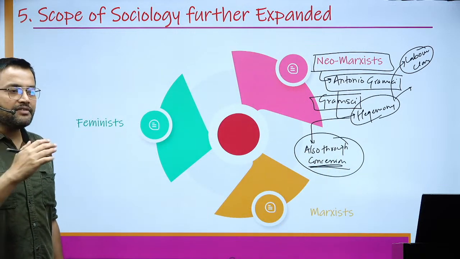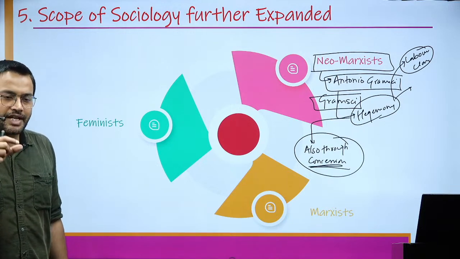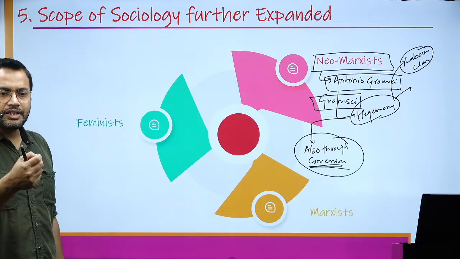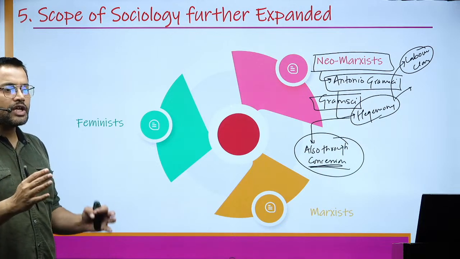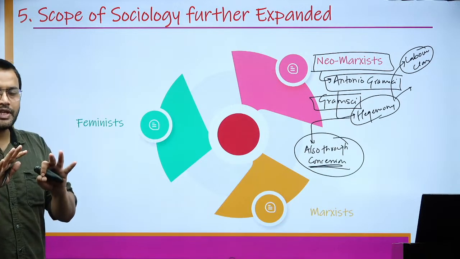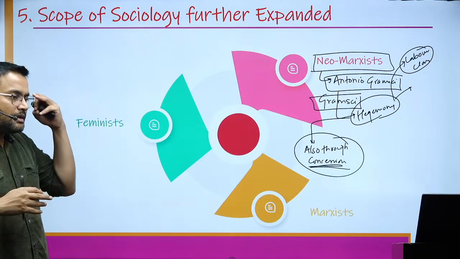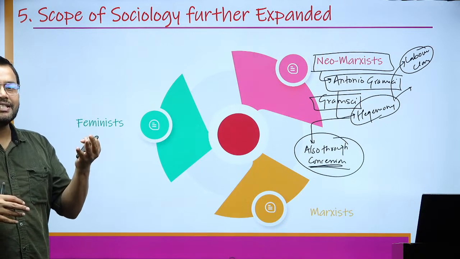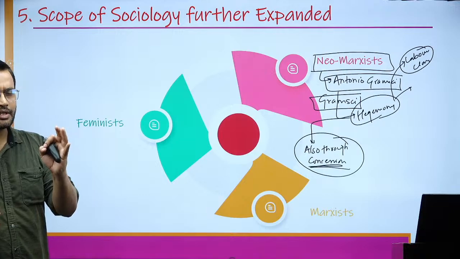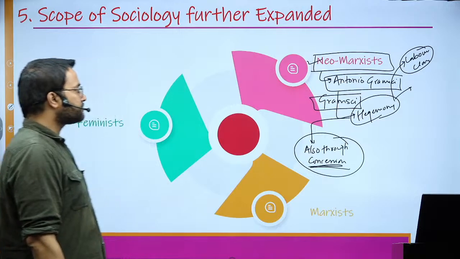That is why whenever there's a strike in a particular industry, the managerial or bourgeoisie class gives certain bonuses, leave, or compensation, because you cannot make any person work through coercion. You cannot forcefully make any person work. Now the situation has changed. People are becoming aware of their rights. So the bourgeoisie are using manipulative tendencies to control the majority of the population by giving them concessions, bonuses, or something like that. Okay, so that is why they are called neo-Marxist, Antonio Gramsci.